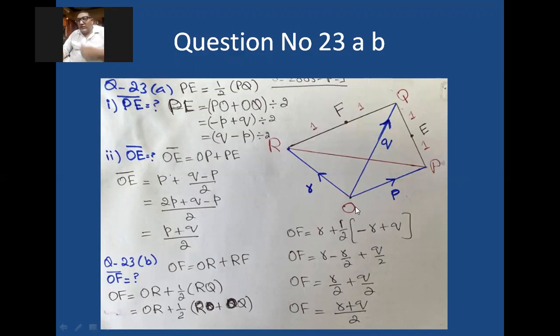And RQ will be R to O, O to Q. That will be the RQ.